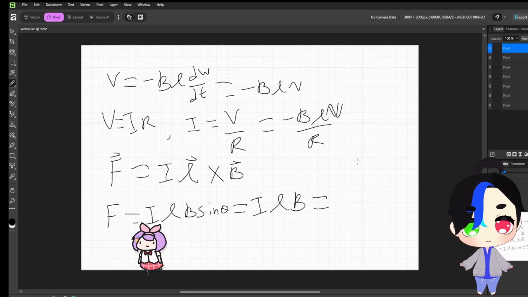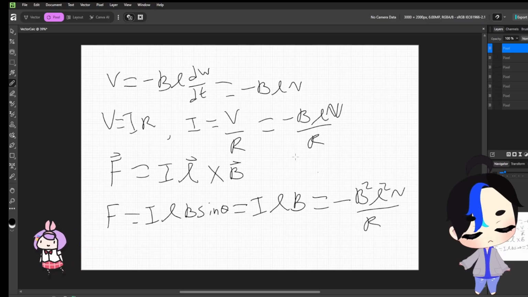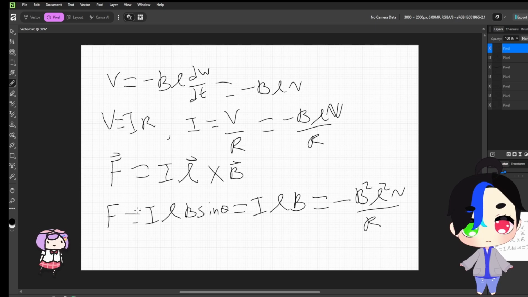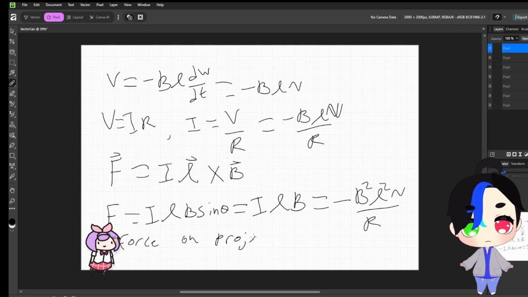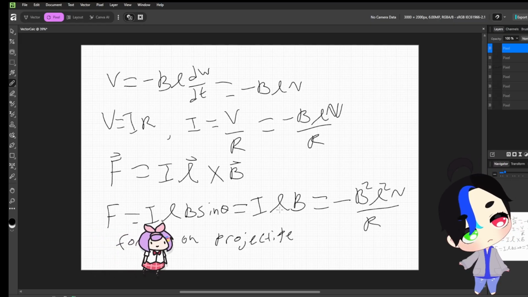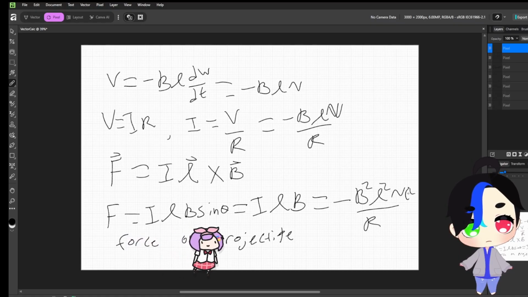So this ends up equaling minus B squared L squared V over R. That is the force on the bar, as a function of time. So remember, this velocity is going to change in time.